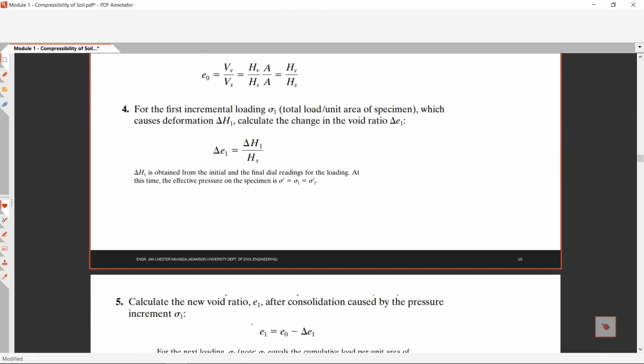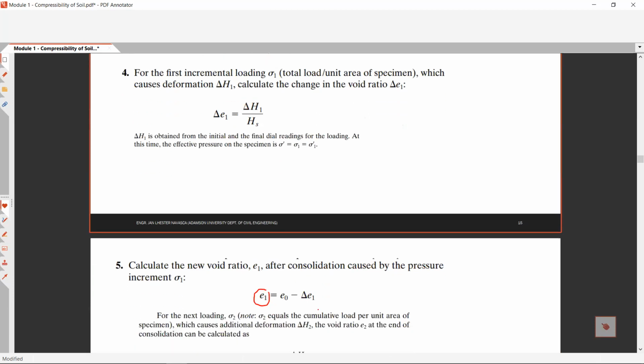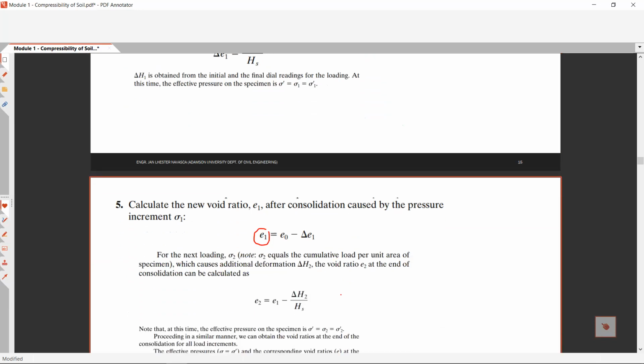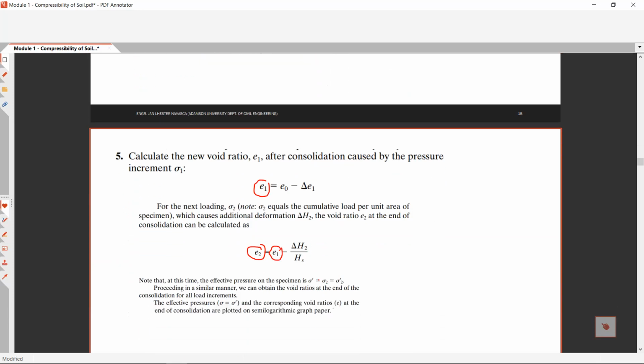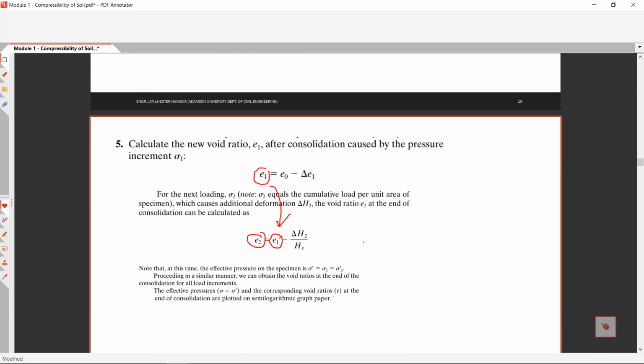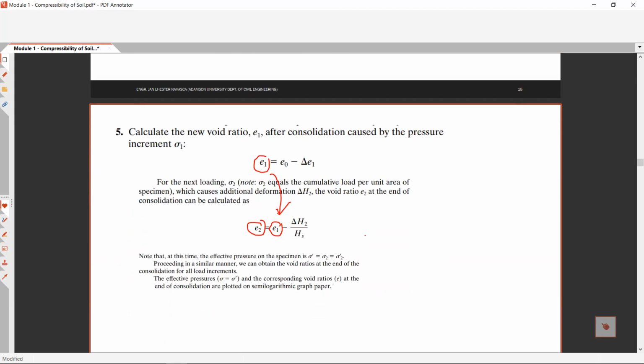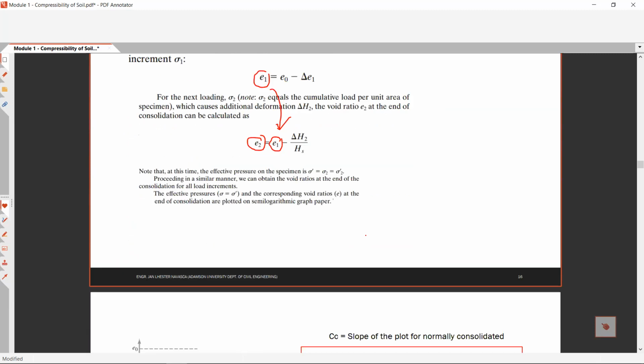So ito yung magiging new void ratio mo at increment sigma 1. Okay? Next, next loading, sigma 2. So ito na siya. Equals din siya sa E1, then minus change in H2 over HS. Okay? Ayan. So that is the void ratio relationship.